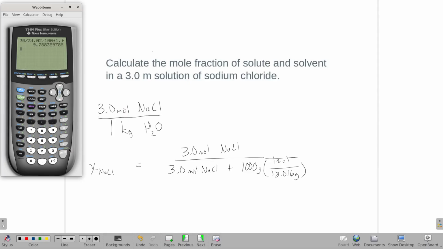And let's see what we get. So 3 divided by, in parentheses, 3 plus 1000 divided by 18.016, close parentheses, equals. I get a mole fraction of 0.051.